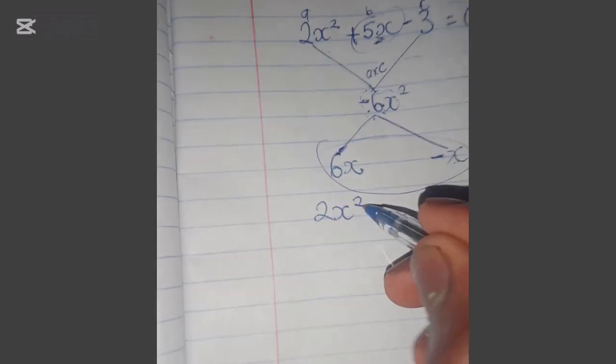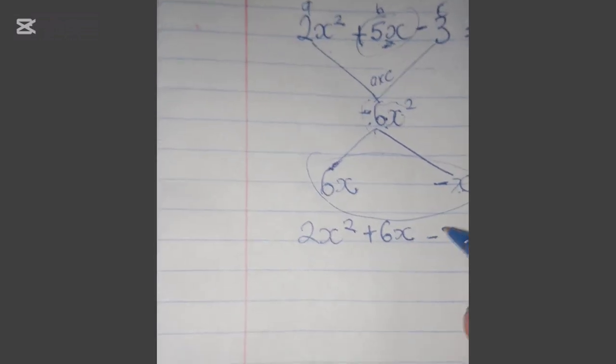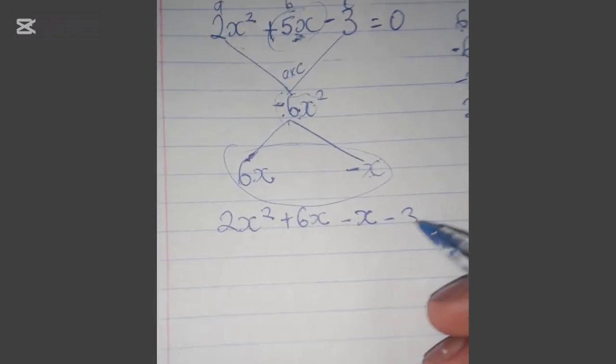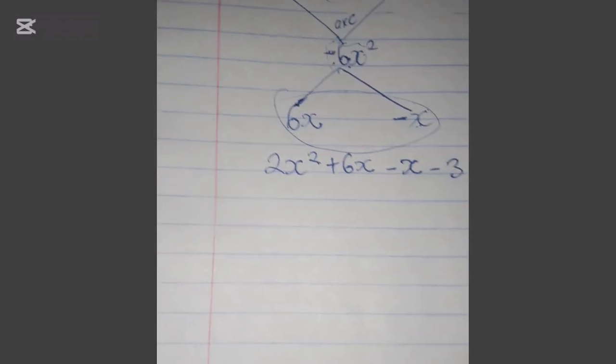So therefore, we now replace this with these two terms here. So when we do that, we have 2x raised to power 2 plus 6x minus x minus 3 equals 0. Once you do this, your equation is already half solved.